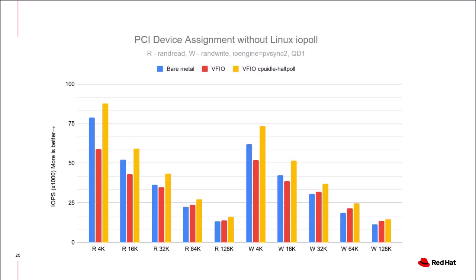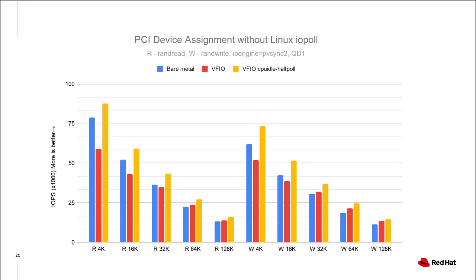So that is a virtual machine with a PCI device assigned to it. And we can see that that's typically lower. Not in all cases, but it's often lower, and even by a significant amount. And then the final result is the VFIO with that CPU idle halt poll driver enabled. And you can see that one performs very well.